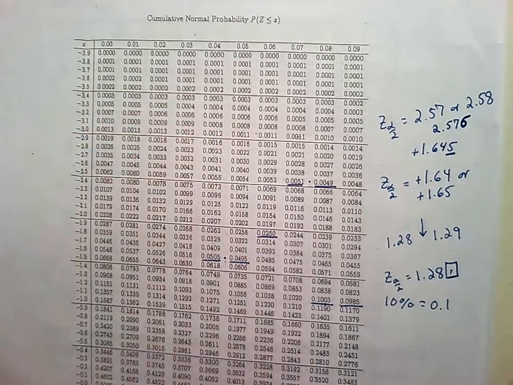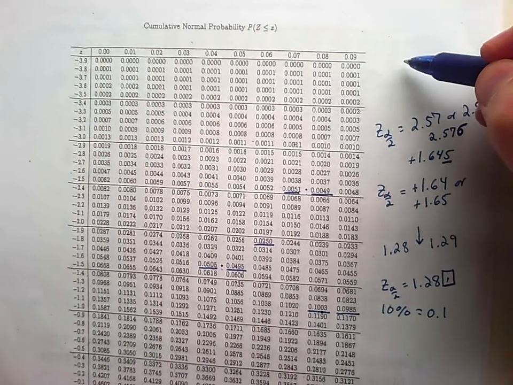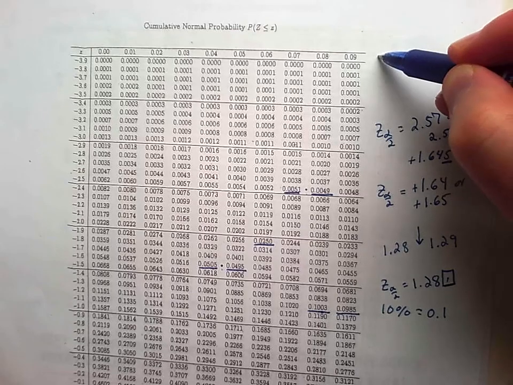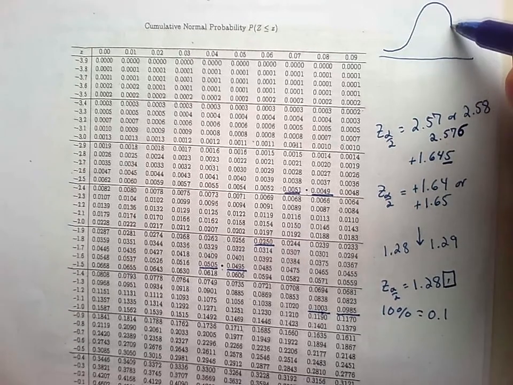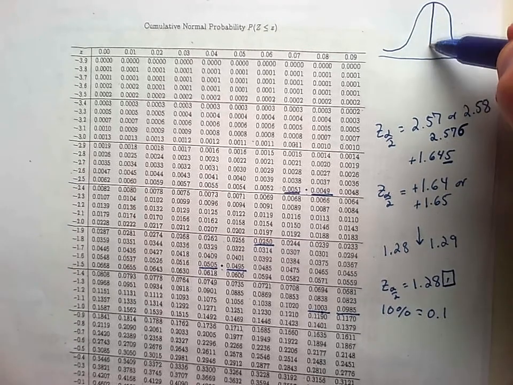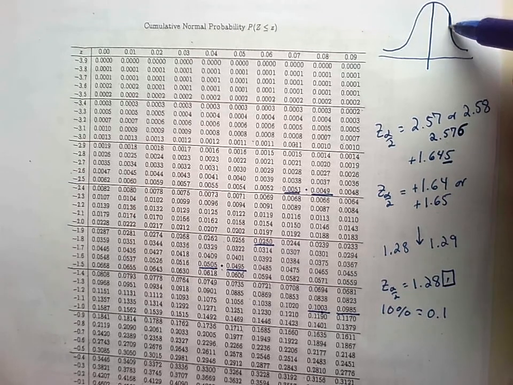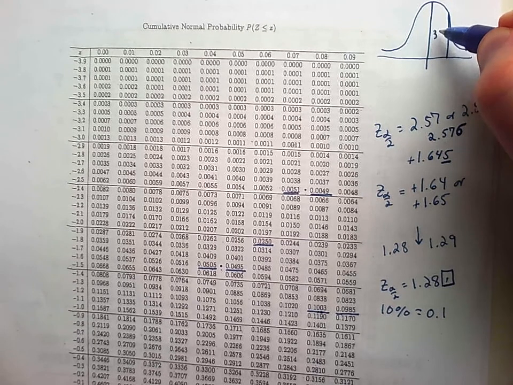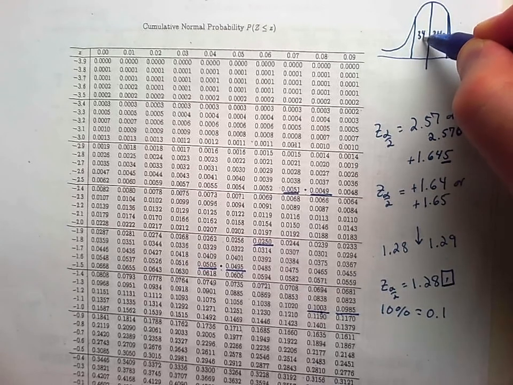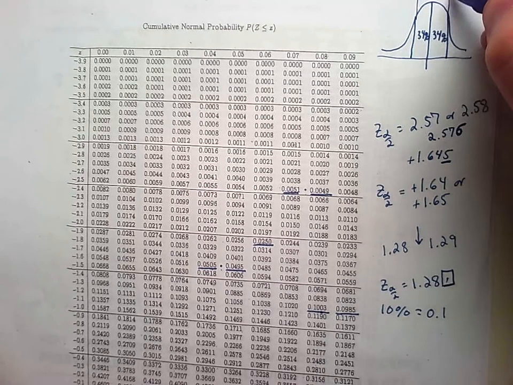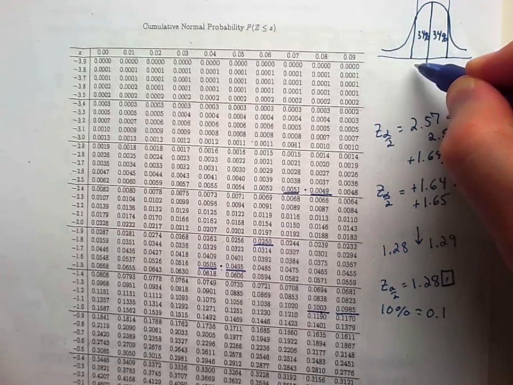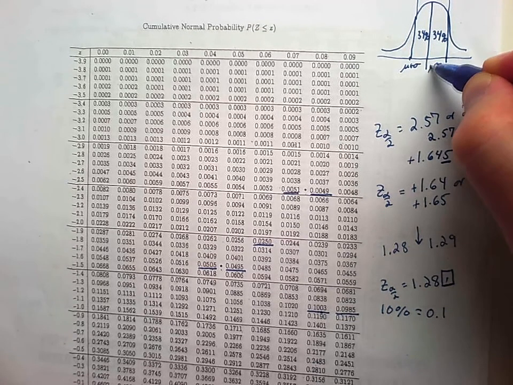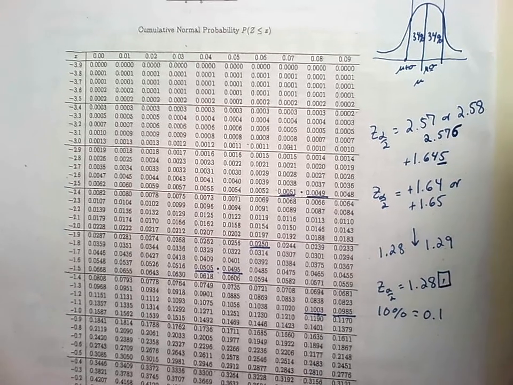Now, keep in mind, back in our discussion in Chapter 5, if you remember, just really quickly, I asked you if we went one standard deviation above the mean and one standard deviation below the mean for our normal distribution, then using the empirical rule, we could say that here we had 34% and here we had 34%, for a total of 68%. So this would be mu plus sigma, and this is mu minus sigma.